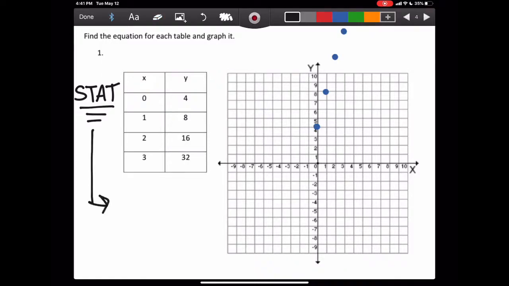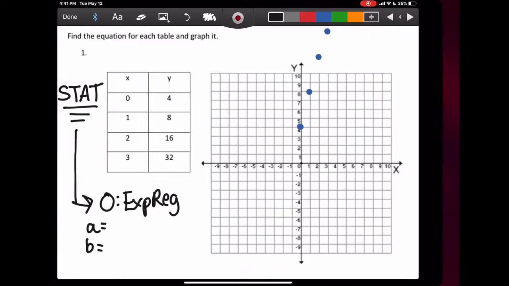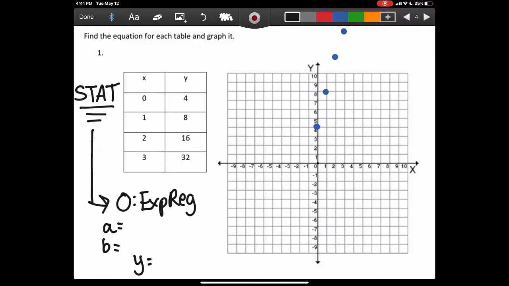That option should be 0, ExpReg. It's going to give you an a and a b, and you have to write that equation in the form y equals a b to the x power.